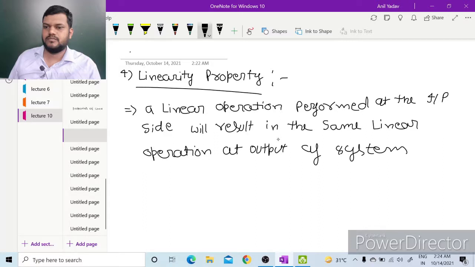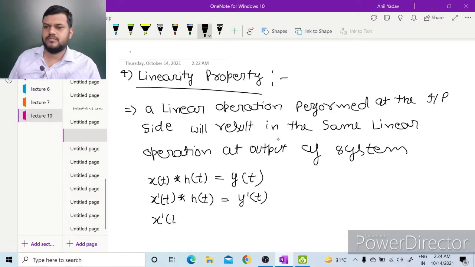Means we can say, let us say x(t) convolved with h(t) is y(t), then x dash t, which is derivative of x(t) with time, means dx(t)/dt convolved with h(t) will be derivative of output, y dash t.